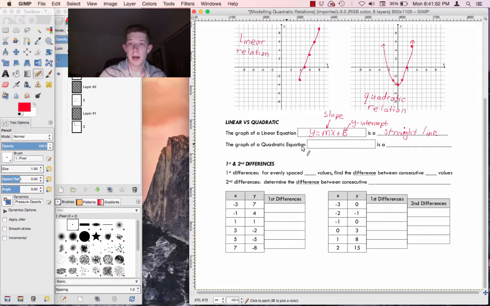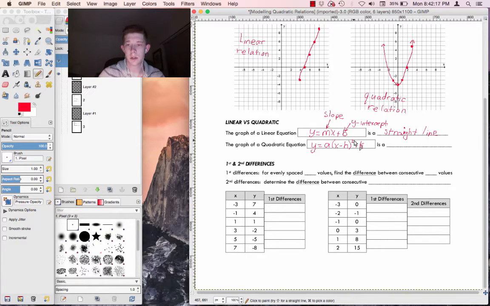And then our quadratic relation, we'll start with this equation, y is equal to a, and then we'll put in here x minus h, squared, plus k. And we'll discuss what each of these variables mean later on in the unit. But for now, we can see that there's a difference in how the equations are written.